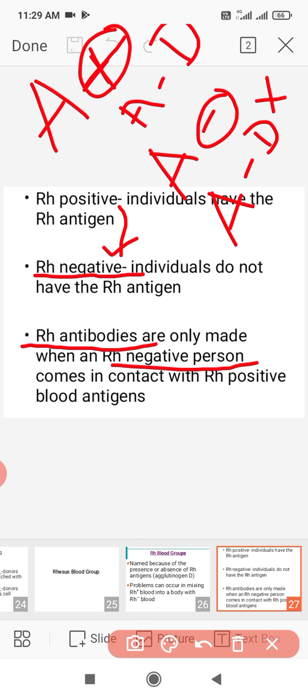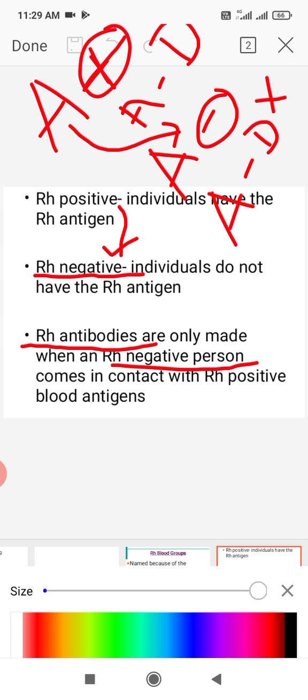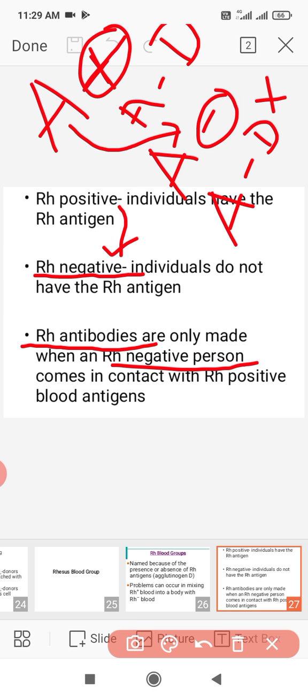If he receives this blood, antigen D will be transferred to the A negative person. So what will happen?